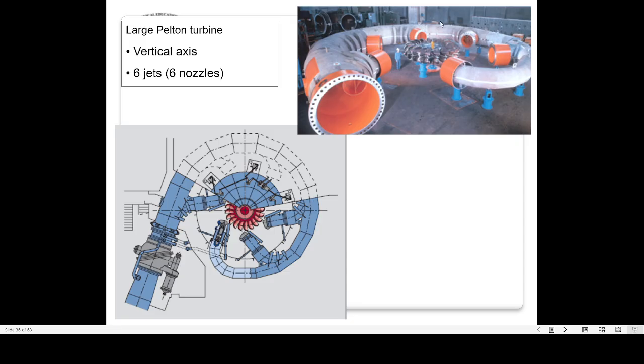So this is your pipe, and you have the 6 nozzles placed at different positions, and the Pelton wheel runner is placed at the center, and the shaft axis is vertical. Okay, so this is the runner or rotor wheel that will be placed on a shaft having a vertical axis, and the nozzles are placed around the periphery of that runner or bucket.